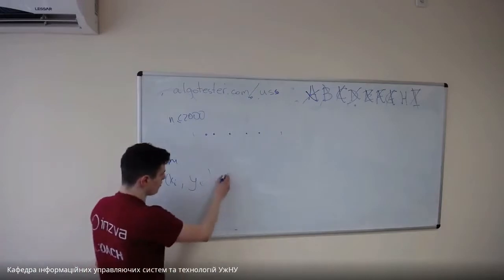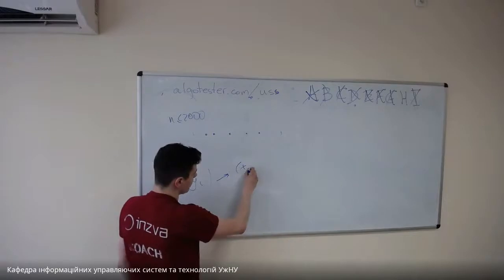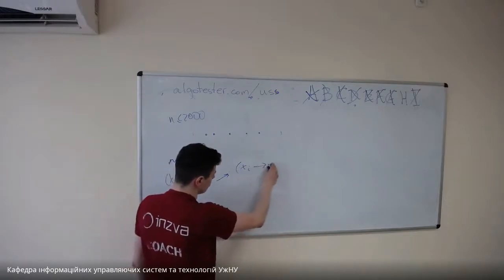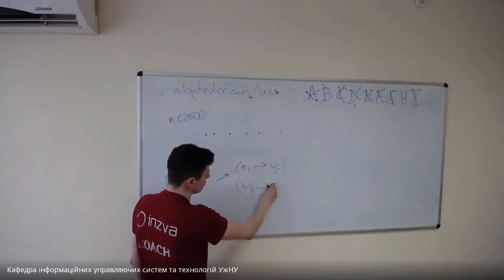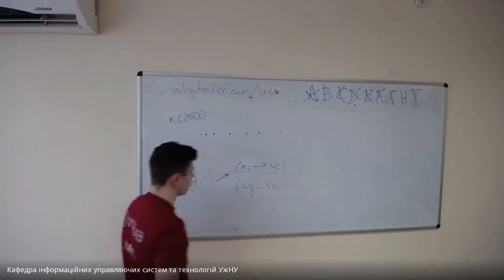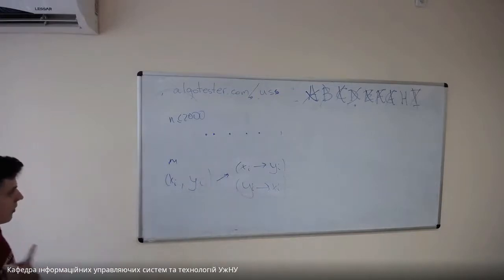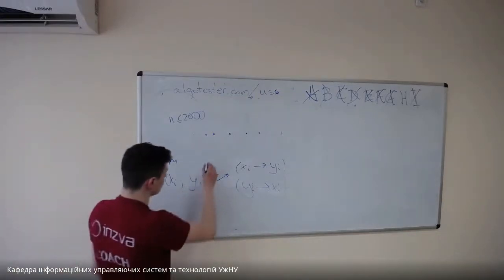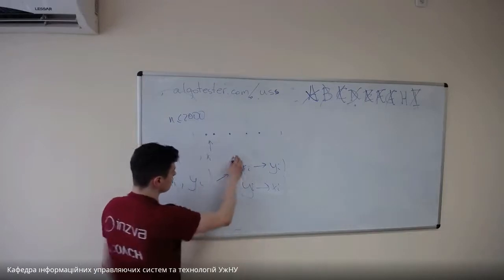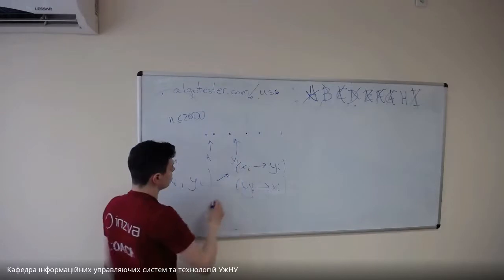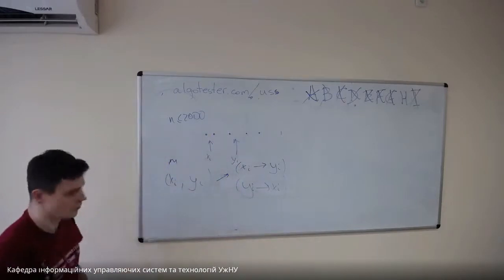So each pair could lead to a robot that can go from xi to yi, or the other way around, from yi to xi. So what do we mean by this robot? What a single robot can do, if he goes from some cell xi to some other cell yi, he would just push all of the balls on the way.